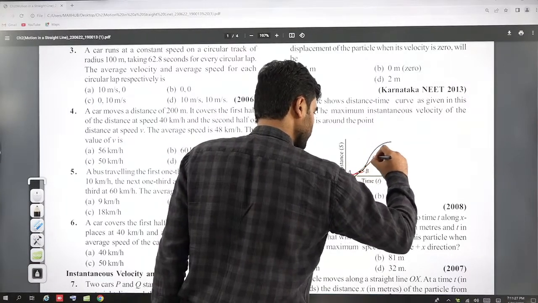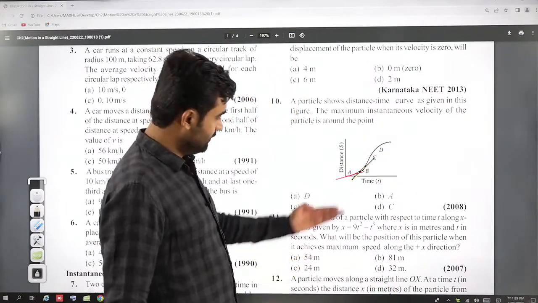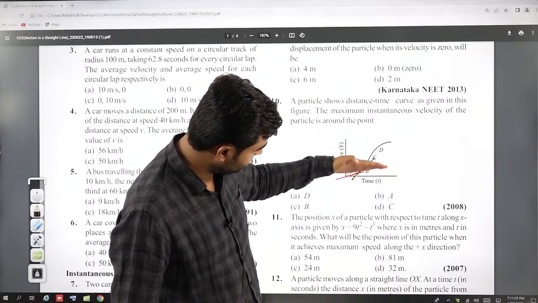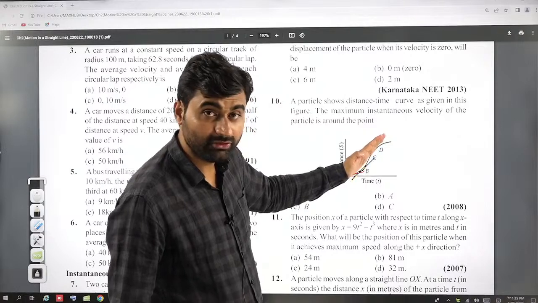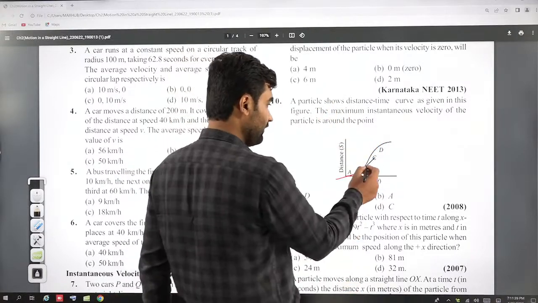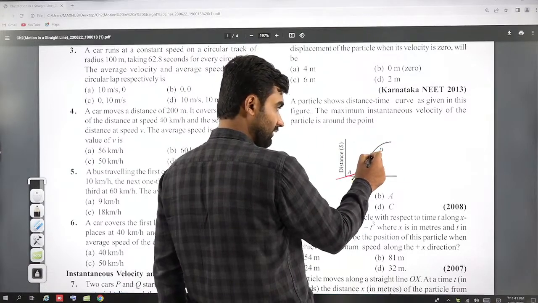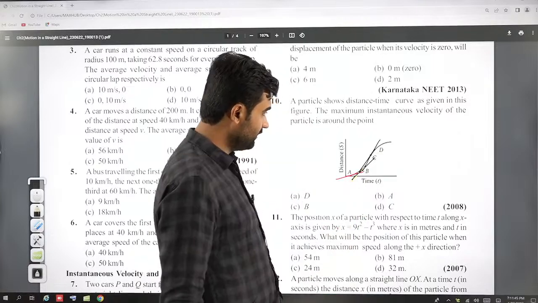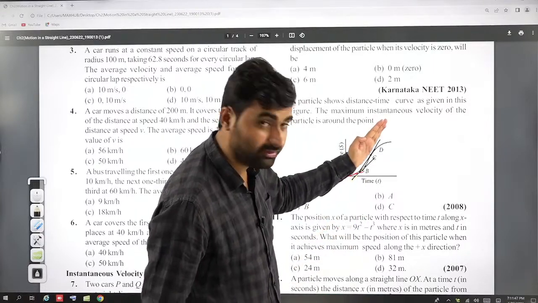This tangent is nearer to the horizontal line, this tangent is steep, nearer to the vertical line. At C it is even more steep, you can see this tangent is more steep, right?